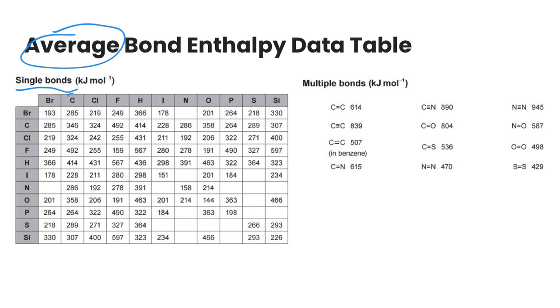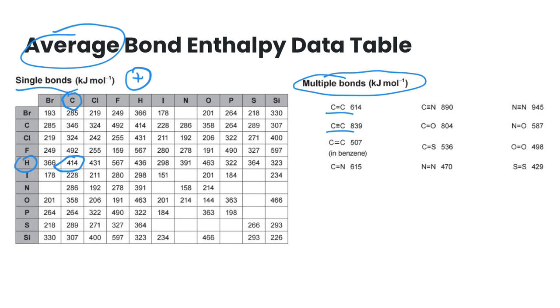Say you wanted a carbon bond with a hydrogen, you would look for the intersection, and that value is 414 kilojoules per mole. Remember, bond enthalpies are defined in terms of breaking bonds, so they're always going to have positive values in these data tables. Multiple bonds are over here, so you can see a double bond, triple bond. They all have very different values.